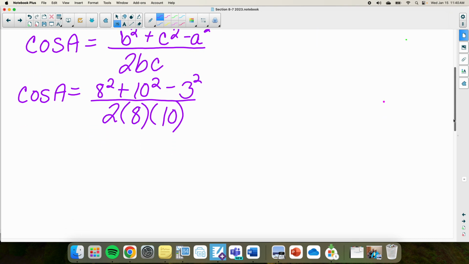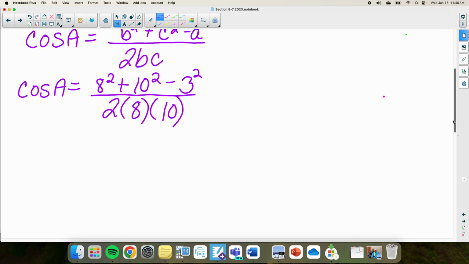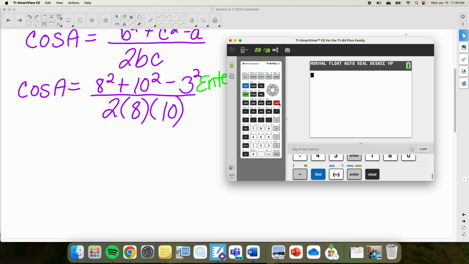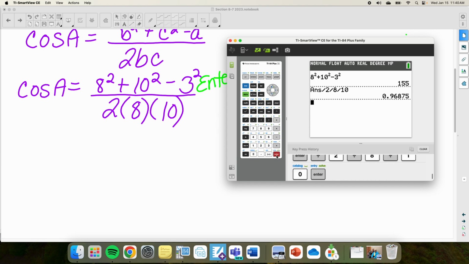Remember when you punch this in to hit enter after the top, and then divide by 2, divide by 8, divide by 10. So I would go 8 squared plus 10 squared minus 3 squared, enter. Divide by 2, divide by 8, divide by 10.